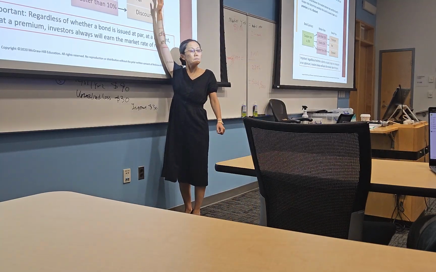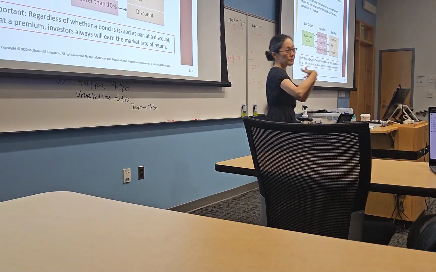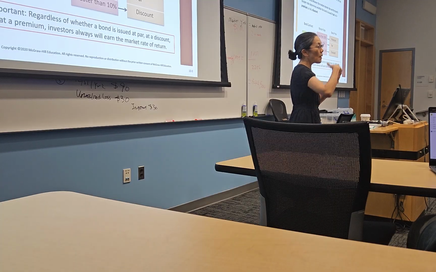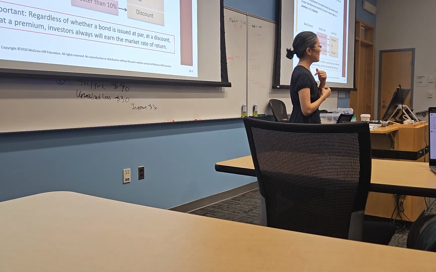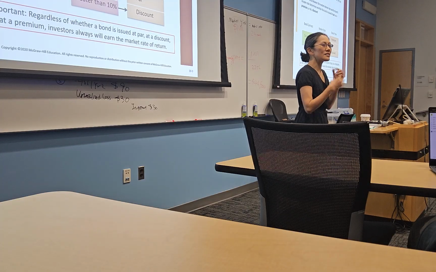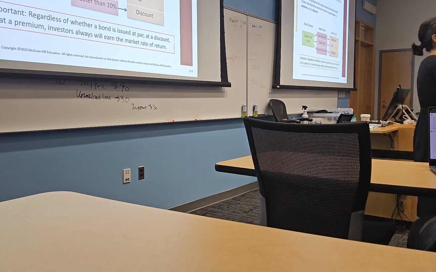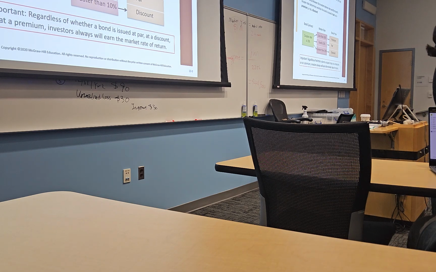Premium means that you're going to get payment from bondholders more than the face value of the bonds. Clear or not? Yeah, simply because the actual market rate is lower than the coupon rate. Your company keeps paying more to the bond investors, the bondholders. So bondholders must pay you more right now. So it's called issued at a premium.